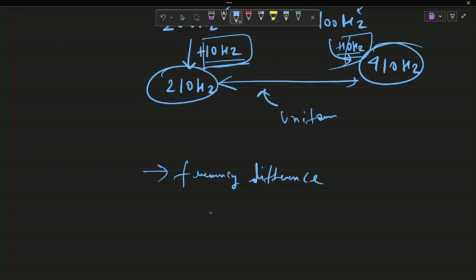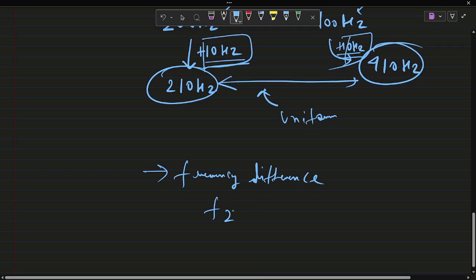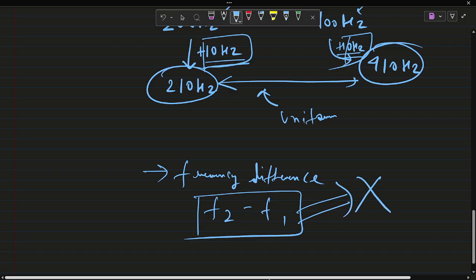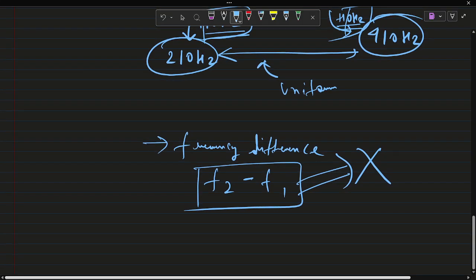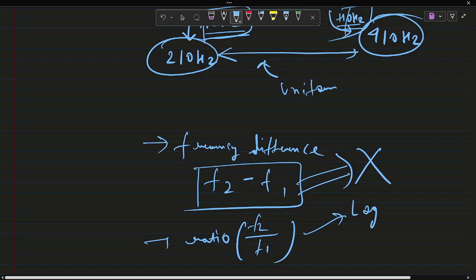It does not hear the frequency difference. Suppose one frequency is f2, the higher frequency, and the other is f1. The human ear cannot perceive the frequency difference. It actually hears the ratio. That's why our hearing is a kind of logarithmic hearing.